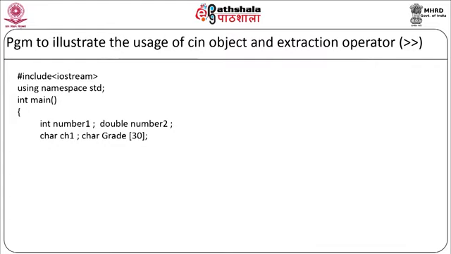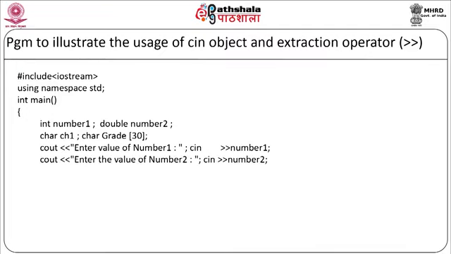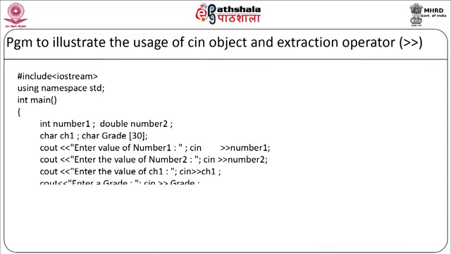We'll display the message to the user: cout "enter the value of number1", cin >> number1, cout "enter the value of number2", cin >> number2, cout "enter the value of ch1", cin >> ch1, cout "enter a grade", cin >> grade, cout "the data that is entered is" endl.